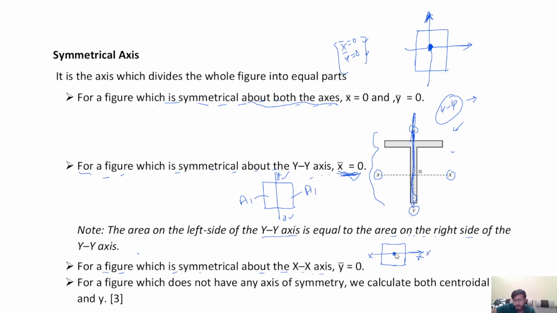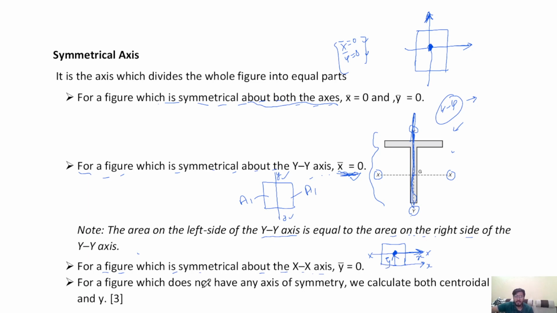So the distance of the centroid from the reference x axis is 0. But if we assume the reference axis from the bottom, then we cannot say this distance is equal to 0. This is y bar. But we know the centroid lies on this symmetrical axis.